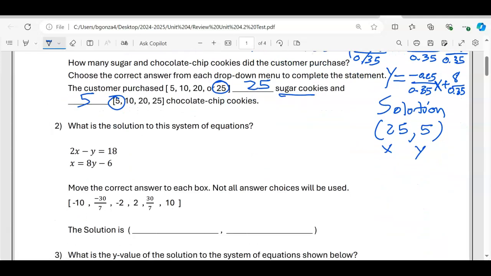Number 2, what is the solution to this system? Once again, we want this to be y equals, okay?